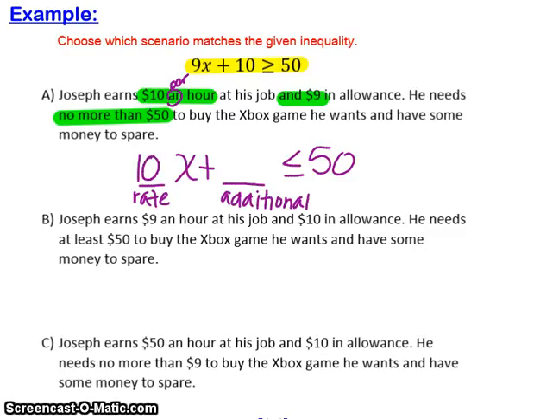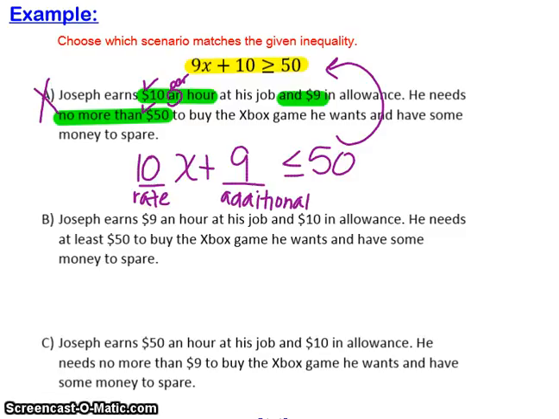So 10 is going to go in my rate. So I've already used 10 and I've already used 50. The only other information is 9, so that goes in my additional information. So I read my equation. It's 10x plus 9 is less than or equal to 50. Then I look back up here and see, does that match? Well, no, it doesn't. So I know A is not the correct scenario.